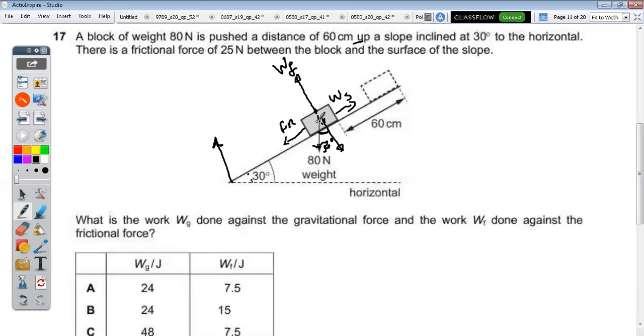So if it's 30 degrees there, this one will be what? I hope it's making sense. You've done this question before, but if you don't know this now, these forces here. Okay, I'll rub this. The tricky thing is it's at an angle.